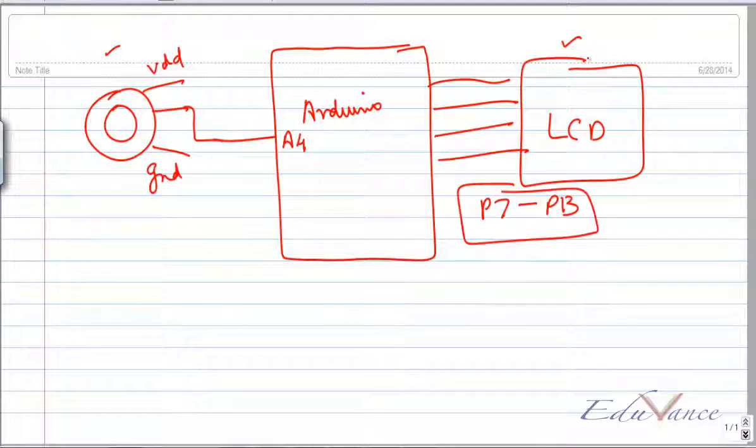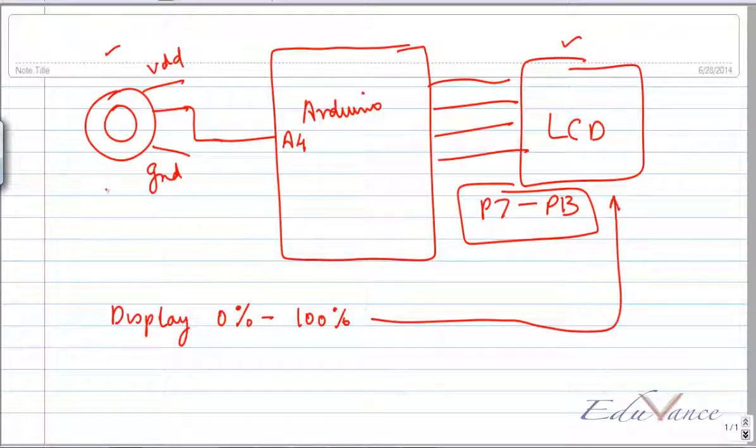So you've already done the LCD. So this is a straightforward implementation where we will display from 0% to 100% on the LCD depending on what the potentiometer is at.